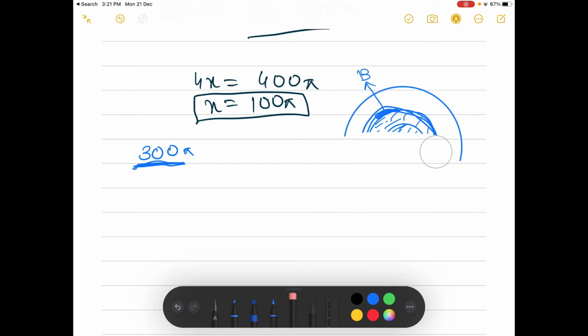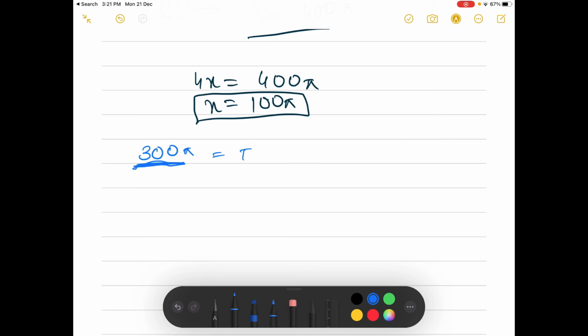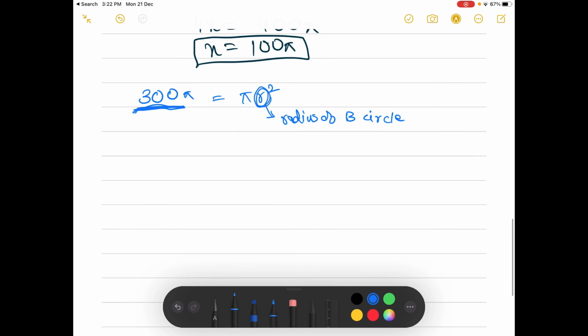Now let's bring it in terms of the formula, which says pi r square. Here r is the radius of the circle, and this is the term which we need to find out. So it's now somewhat like a linear equation. Pi gets cancelled when we divide, so we are left with r square is equal to 300.